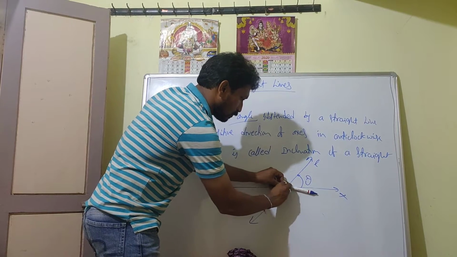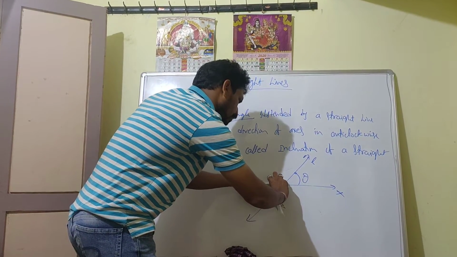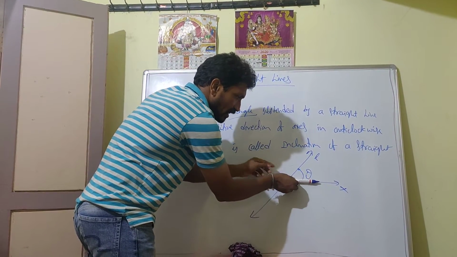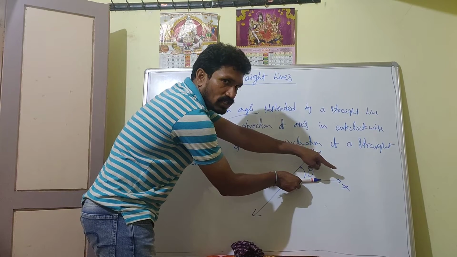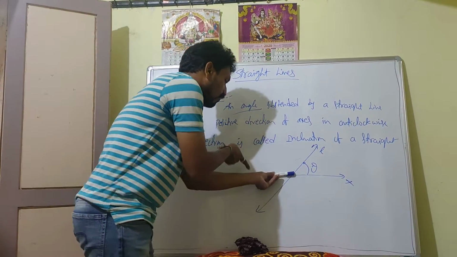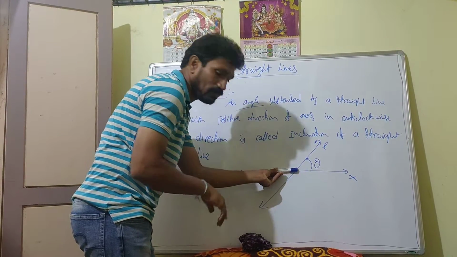If it coincides in this direction, the positive direction of the x-axis, it is 0 degrees. If it coincides here, it is pi, 180 degrees.